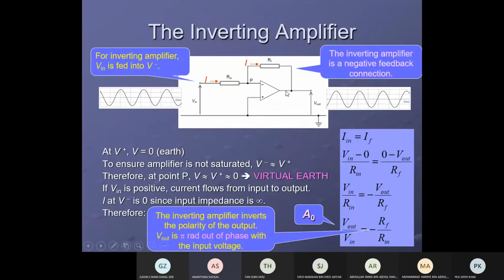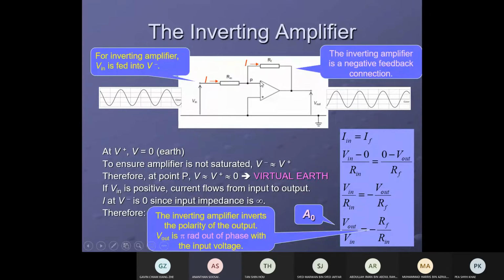Now this one is the inverting amplifier. The inverting amplifier has two features. You have feedback. You see the output has a wire connected backward. It's called feedback. This feedback is negative feedback. Why negative feedback? You see the output is connected to the negative input.